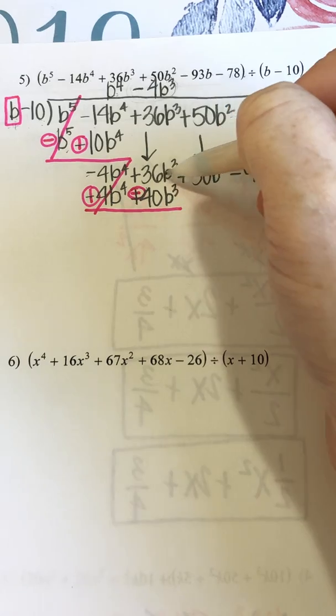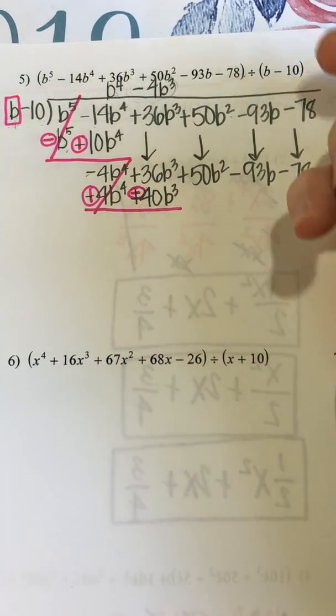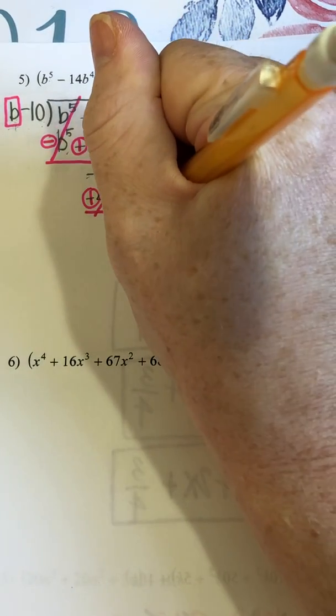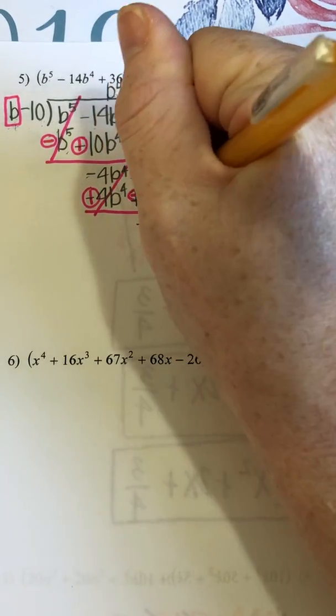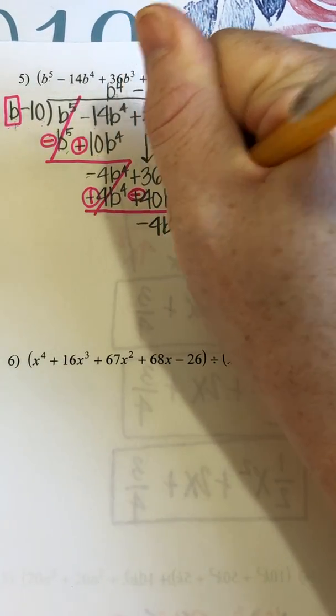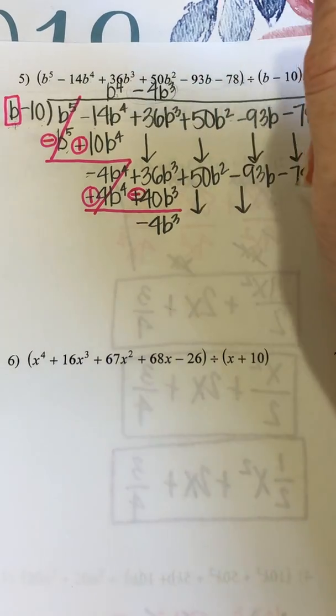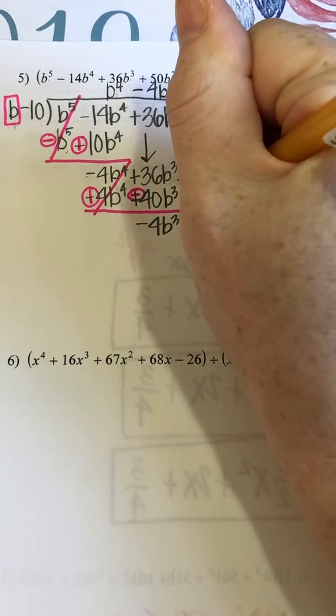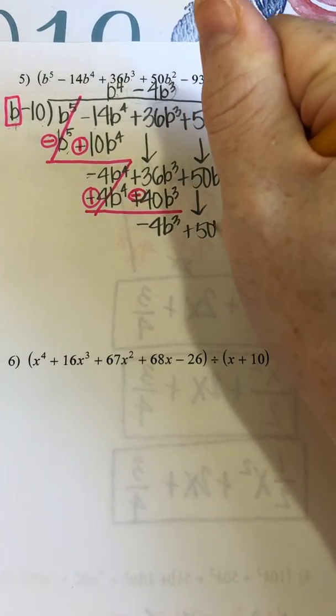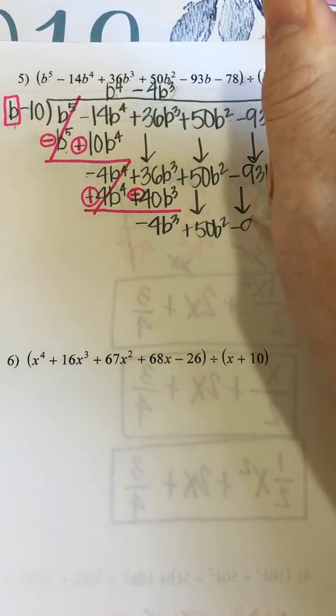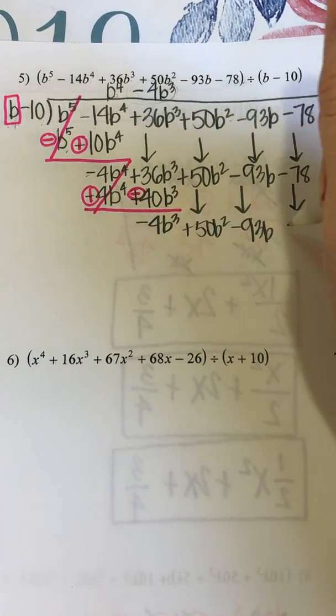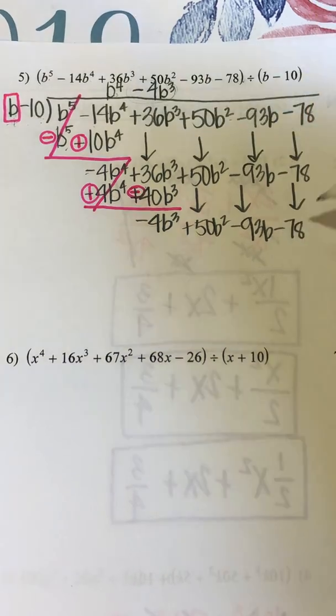All right, what is 36b cubed minus 40b cubed? Negative 4b cubed. And again, I'm going to drop down the remaining pieces. Okay?